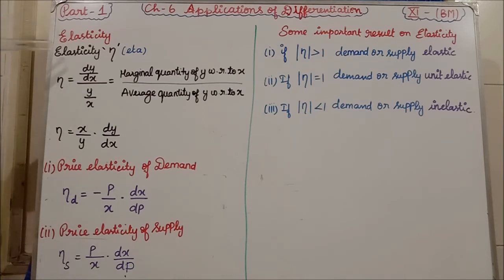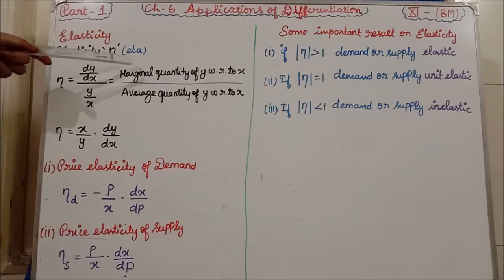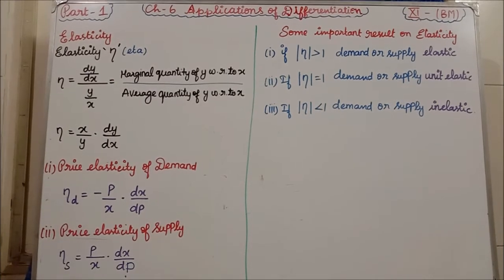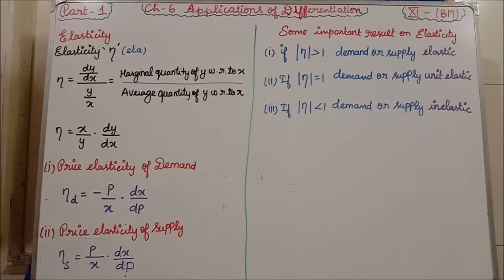Elasticity is denoted by the notation eta. Eta is equal to the marginal quantity of y with respect to x divided by the average quantity of y with respect to x. I told you previously, if the word marginal comes, immediately you have to think differentiation.